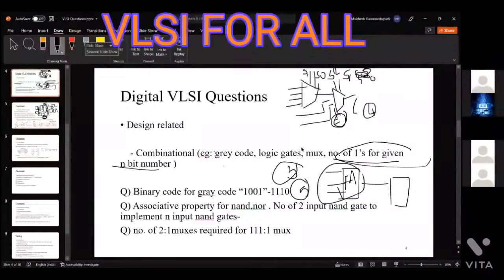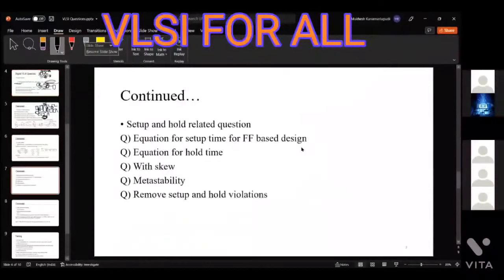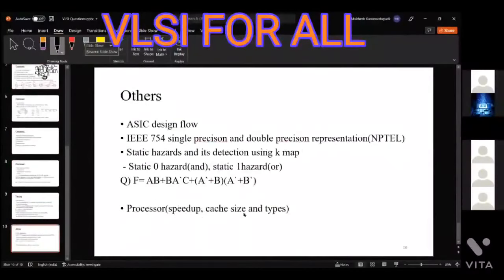Sir, what about the portion of computer architecture? These things you can see in our course structure also. You can go through our syllabus, which lists topic wise what is needed.